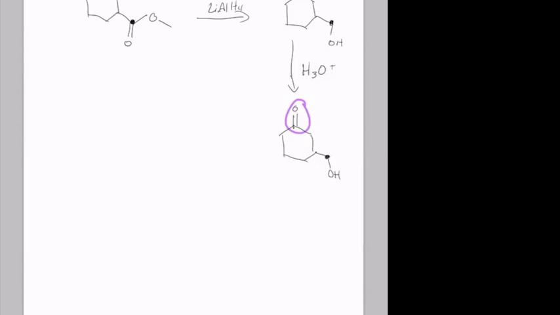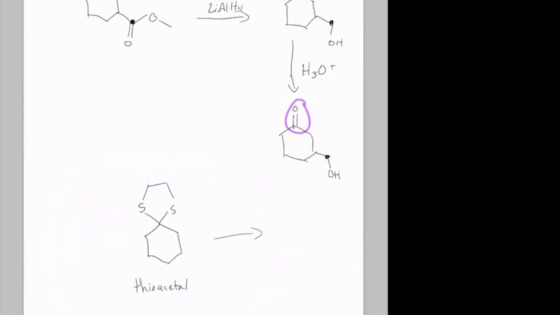Okay, and then let's see if we can remember, if instead of using a diol, I used a dithiol. Do you guys remember, this would be a thioacetyl, and this also has a special role. Do you guys remember what that is?